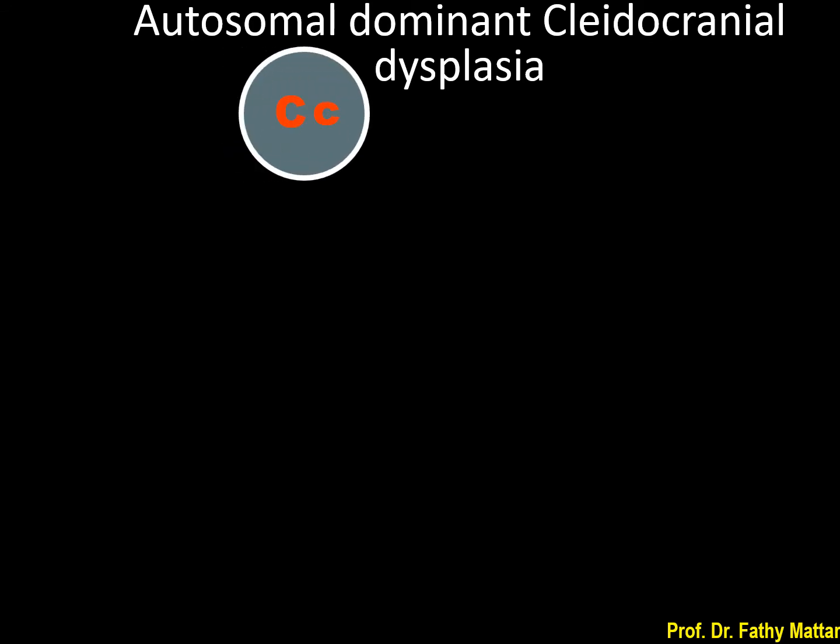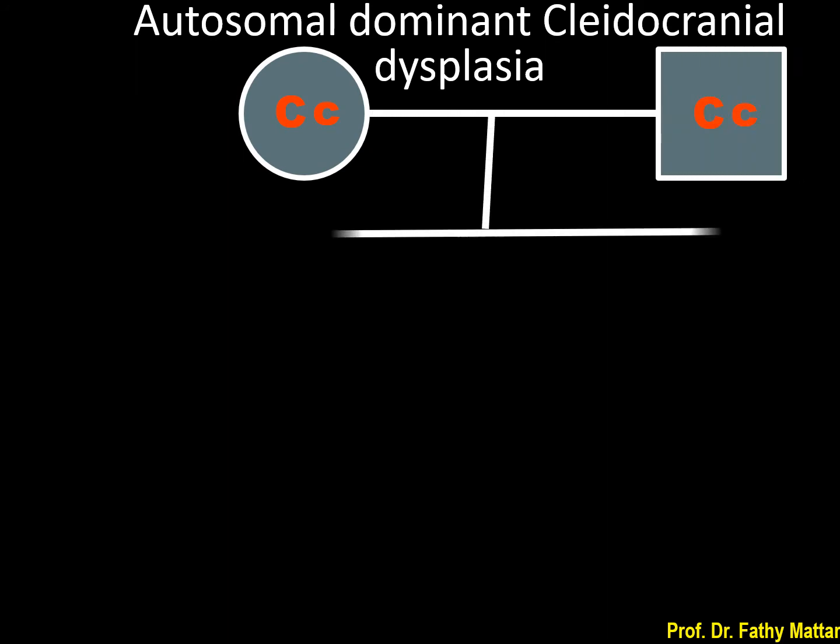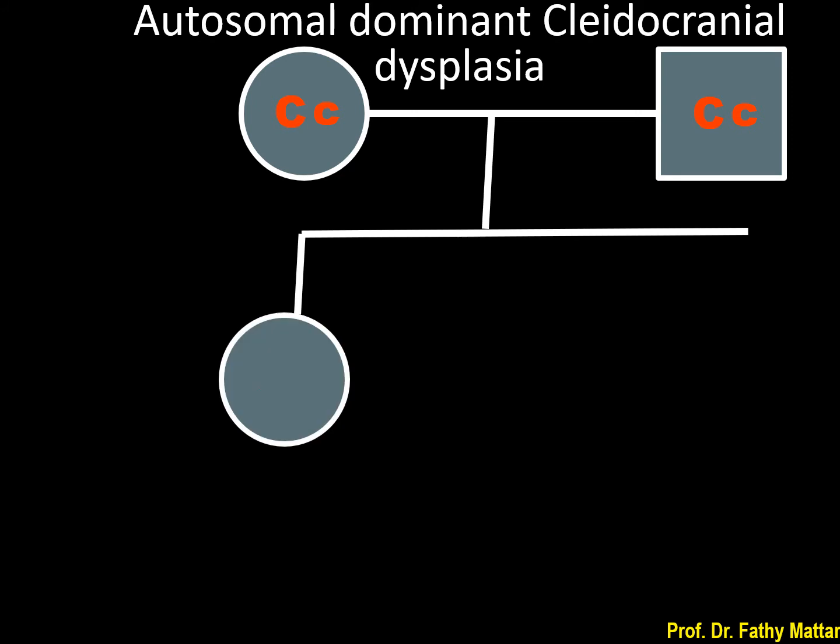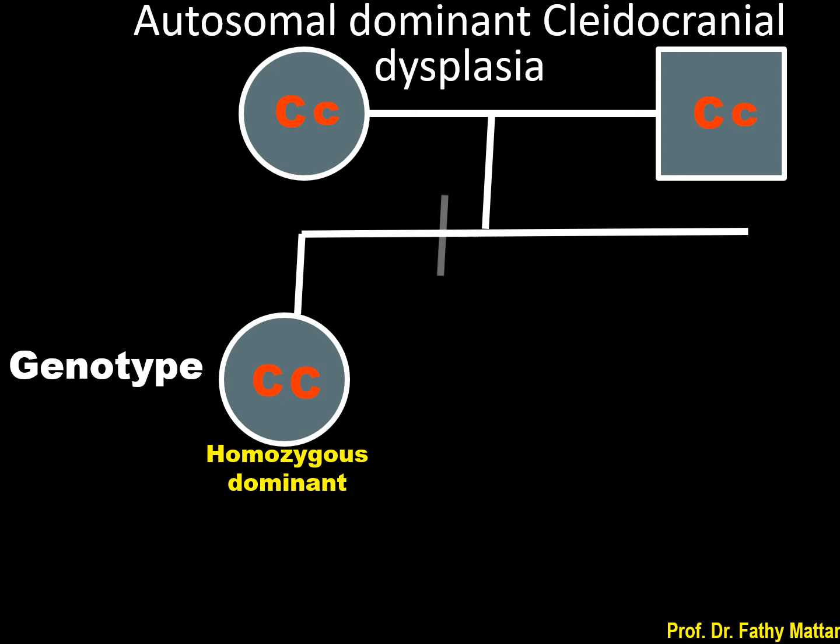Let's take an example of an autosomal dominant trait, which is cleidocranial dysplasia. We'll have a father and mother who are heterozygous, and they will have daughters, and as you see, the daughter will be homozygous dominant, taking dominant from the father and dominant from the mother.